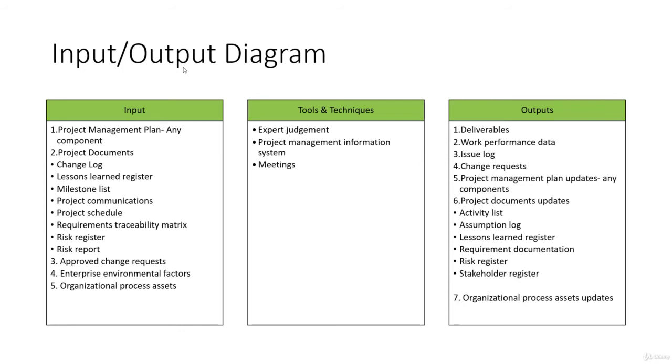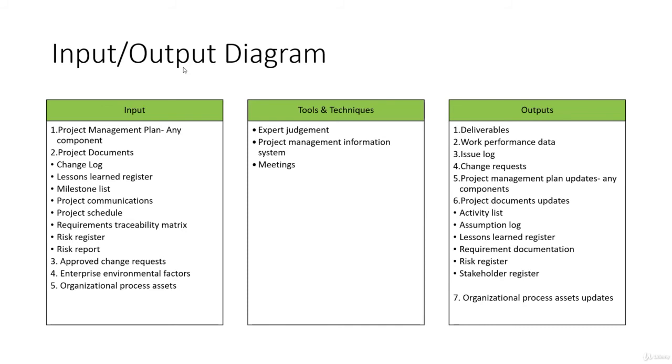So, at the end of this project, you're going to create a lessons learned register. You will have a project management plan, project charter document, business analysis documents, testing results. All of that will be your deliverables. Work performance data, issue log, change requests, and all of that.